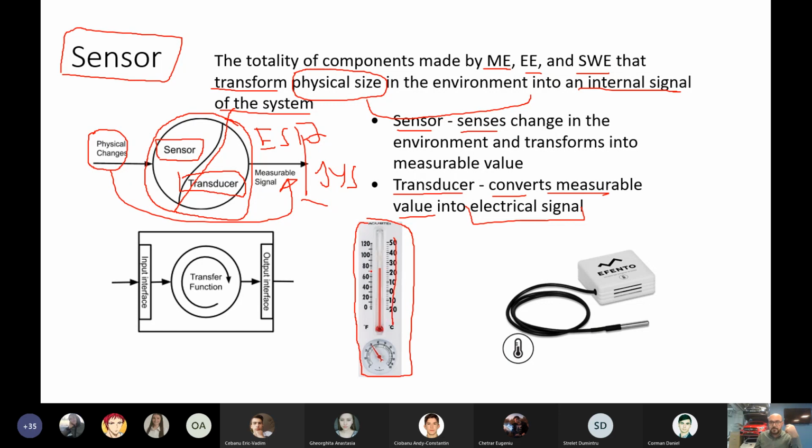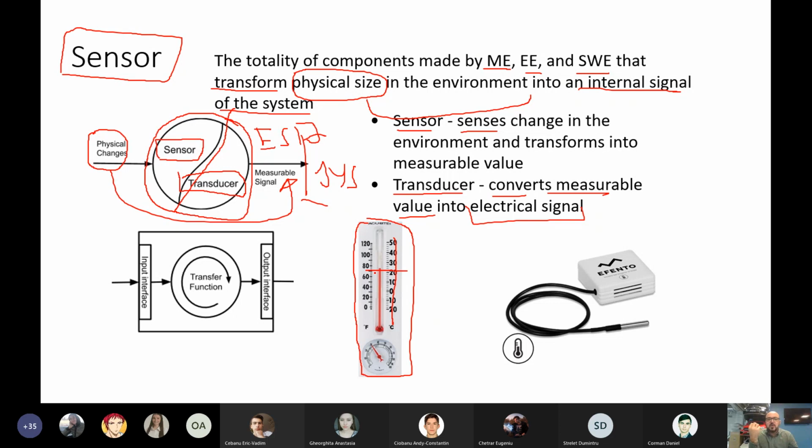We can see it is about 21 or 22 degrees. But we cannot use this sensor in order to make some automation. Why? Because we don't have this measurable value adapted to our system. In order to have it adapted, we need a signal compatible with our system.